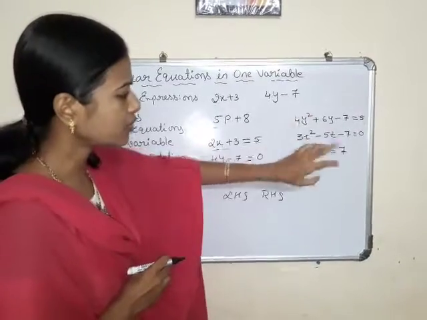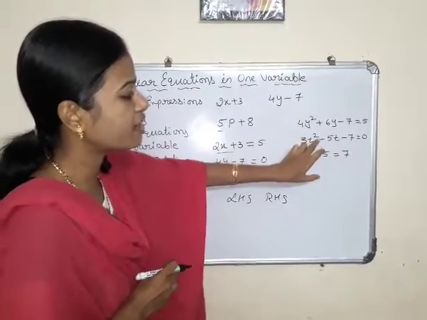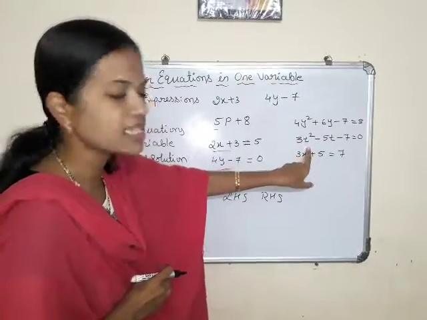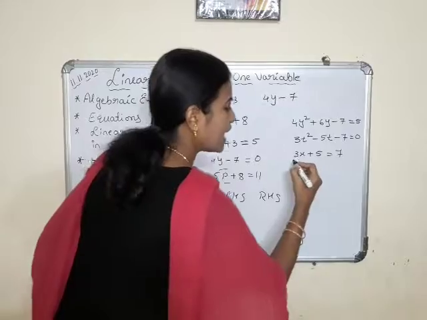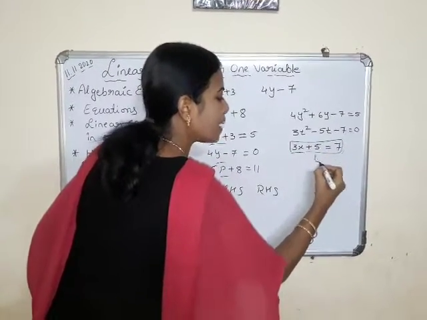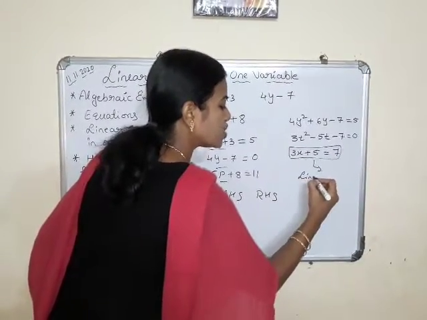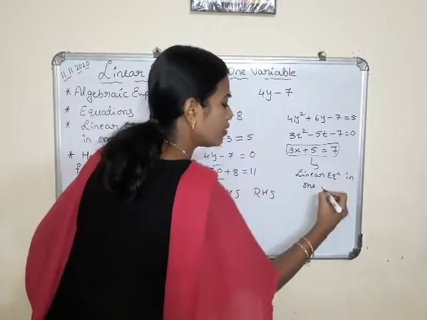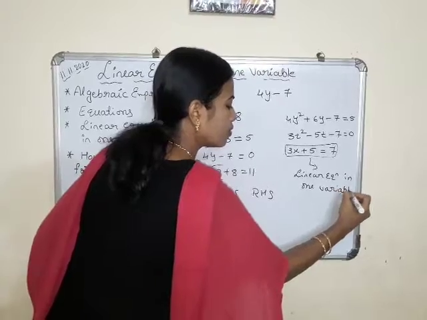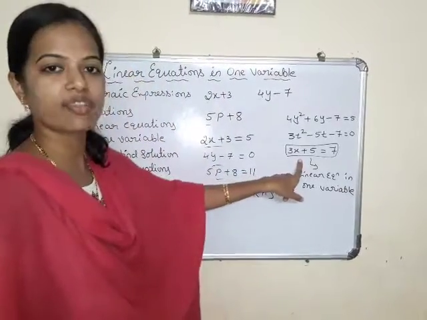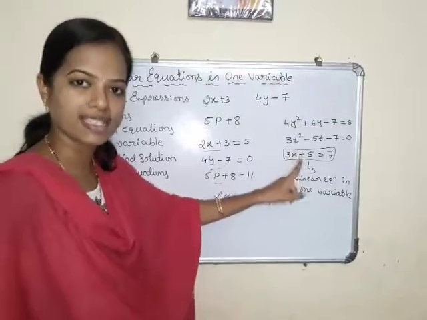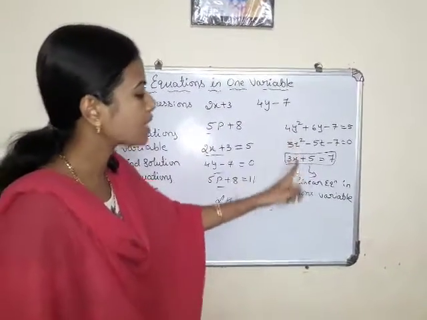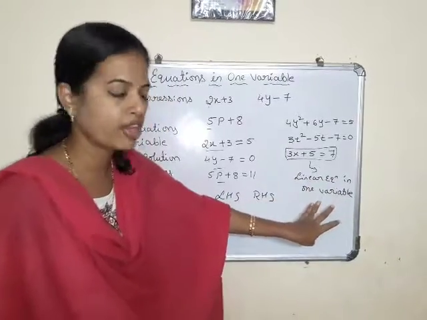In the next equation, the highest power of the variable is 2. And here the highest power of the variable is 1. We can say 3x plus 5 equals 7 is an example of a linear equation in one variable. How many variables are there in this equation? Only one, x. And the highest power of the variable is 1. So these are about linear equations in one variable.